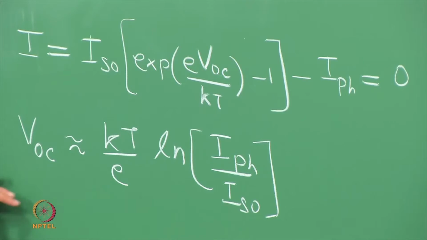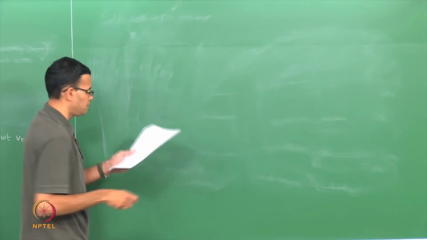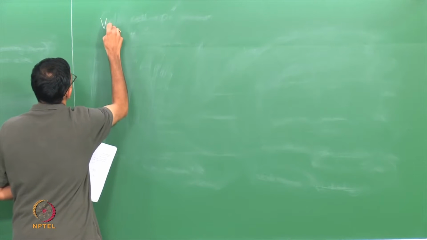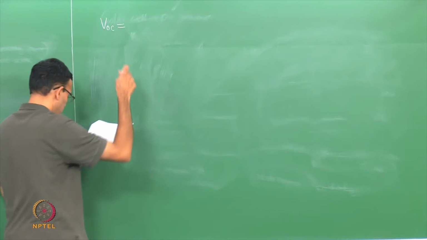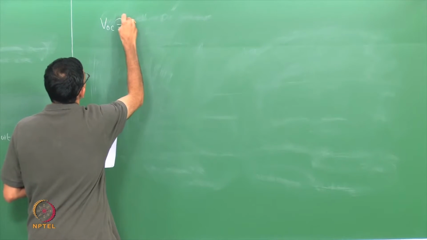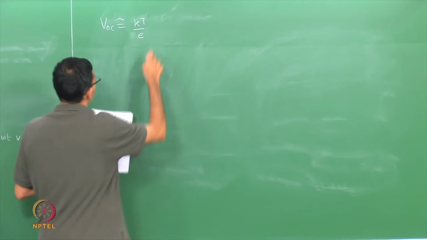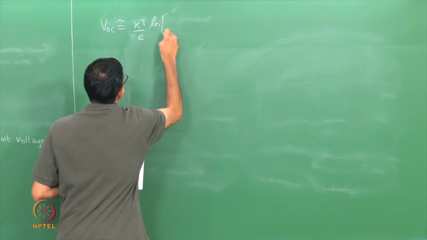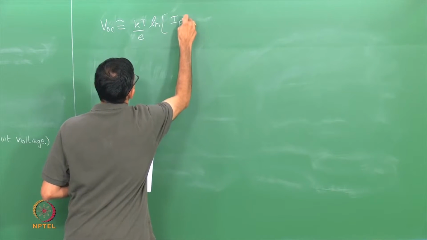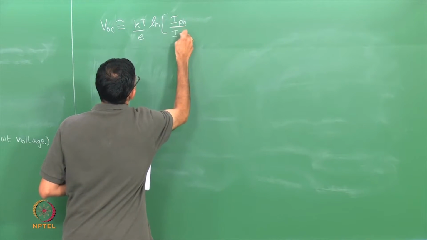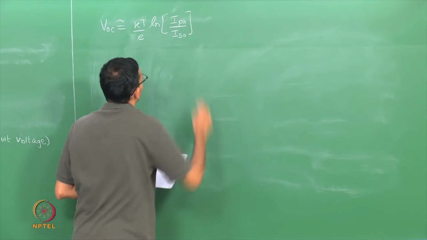So let me rewrite this expression and we can look at the two parts of it. So we have written down the expression for the open circuit voltage, VOC is approximately kT over e ln of IPH over ISO.